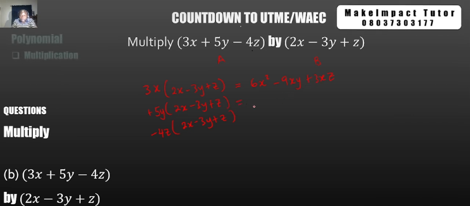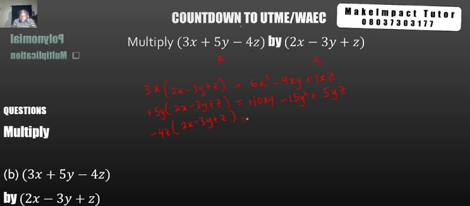In the second line, I have plus 5y times 2x, that's going to be 10xy, and plus 5y times minus 3y, that's going to be minus 15y squared. And plus 5y times z is plus 5yz.